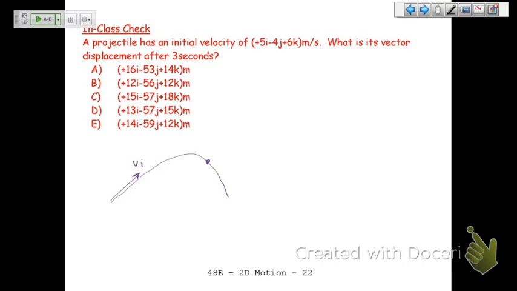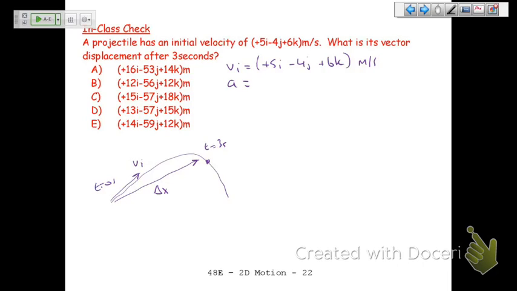What's my displacement after 3 seconds? This is t equals 0 seconds. This is t equals 3 seconds. And I say, well, okay, I've got vi equal to plus 5i minus 4j plus 6k meters per second.